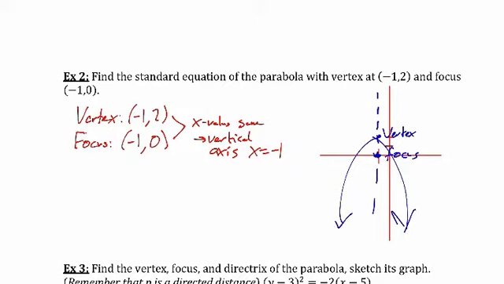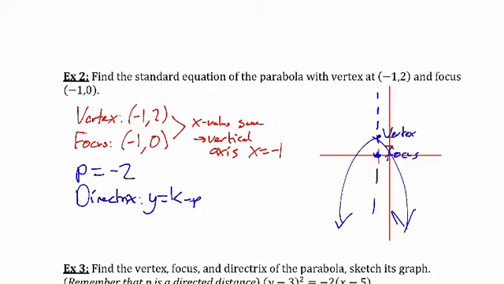Now, to figure out the directrix, before we do that, we've got to figure out what our p-value is. In this case, the focus is below the vertex. So we go down 2, so our p-value is going to be -2. So for our directrix, we're still going to use the equation y equals k minus p.